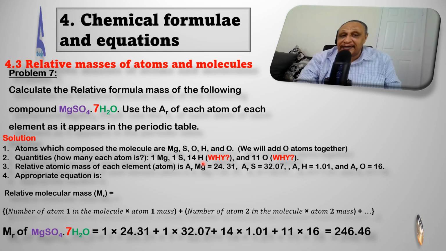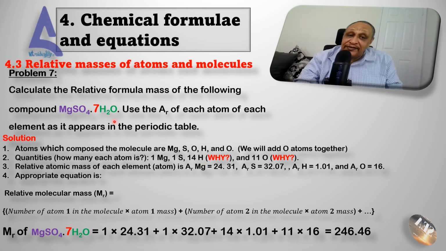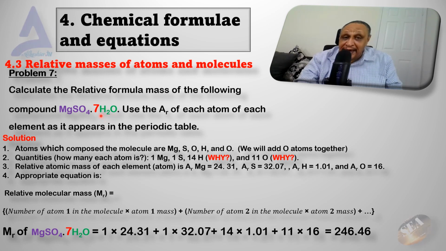From where does it come? From these 7 water molecules, H2O molecules. So I'm going to multiply 2 by 7. It's going to be 14, and this is the answer of Y.